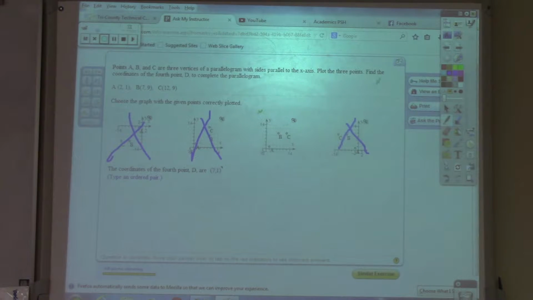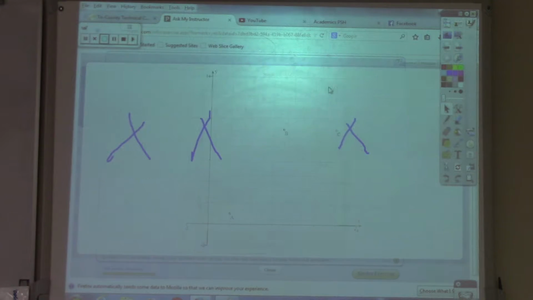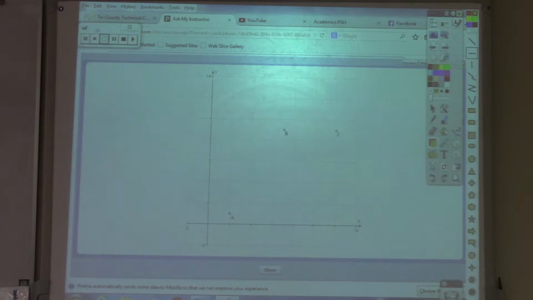Okay, what's the problem? Well, we got to find the vertices. So we got to blow it up. We know the answer is C. We just got to find where it has the vertices. So here we go. Take our handy dandy straight line maker, and we draw from here to here and from there to there.